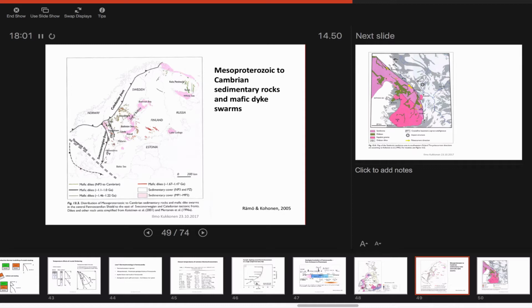Mafic dikes of different ages, from Mesoproterozoic to Cambrian, and there have also been sedimentary covers. This does not show all the colors properly, I'm sorry. And then we have these sedimentary occurrences here and there.